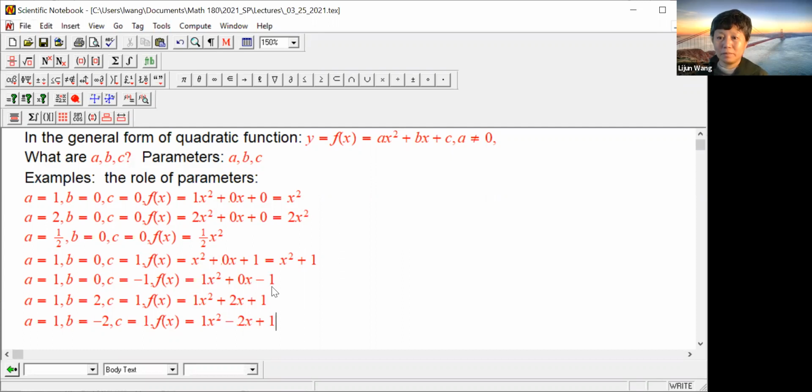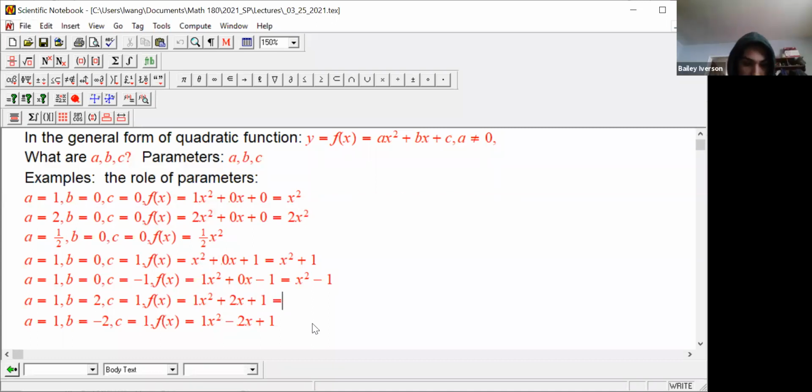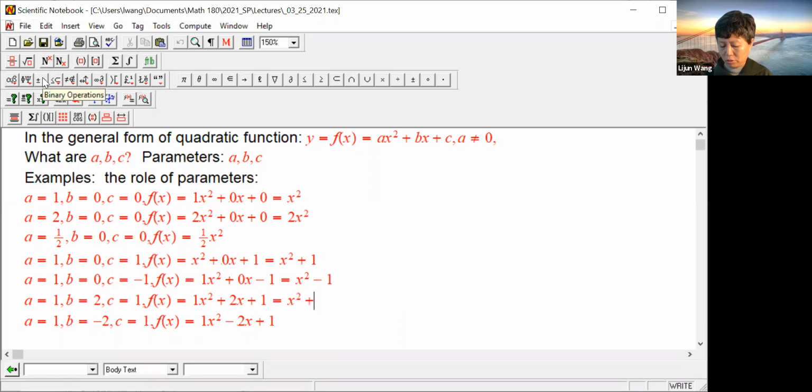Okay, so let's simplify them. This one will turn out to be x squared minus 1. And this would be x squared plus 2x plus 1. And the next one, x squared minus 2x plus 1.